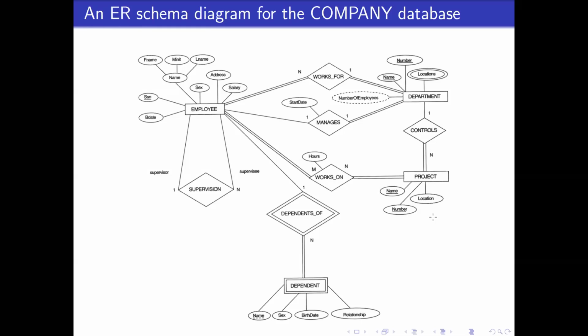Yes, anyway. So there are two things you have to remember here. The answer is correct, but a dependent without an employee has no existence. So this should be double lines. But remember, this is a weak entity. So whether you have total or partial, you have to have double lines here. For any weak entity type, this will be total all the time, right? Because without the existence of the identifying relationship, there's no existence for this weak entity type. So it will always be a double line.